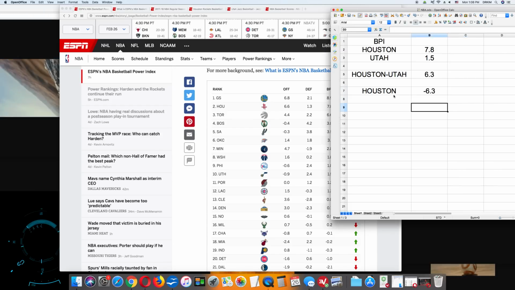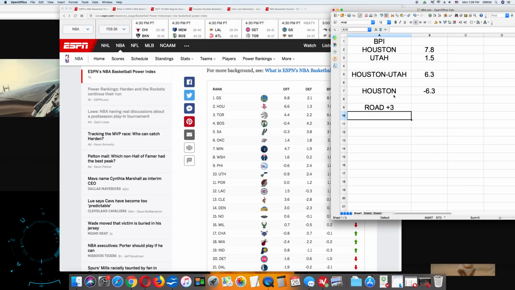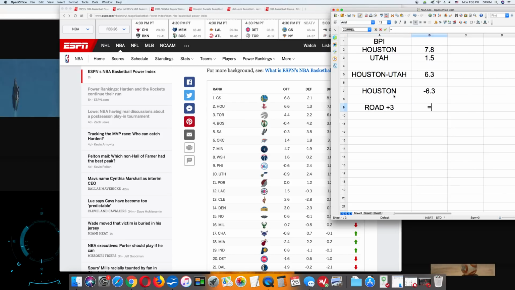Okay? Now, they're the road team. The road team gets plus 3 points. The home team is minus 3. So then, to get Houston's point spread, you would do Houston minus 6.3, and they're getting plus 3. That gives us a point spread of 3.3. That's using the BPI.